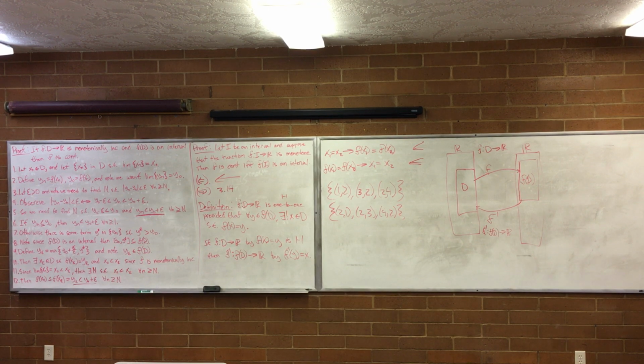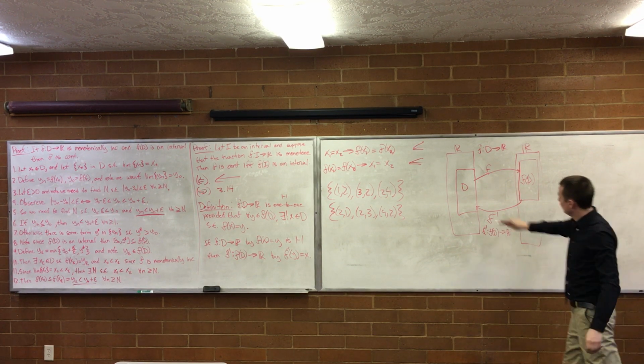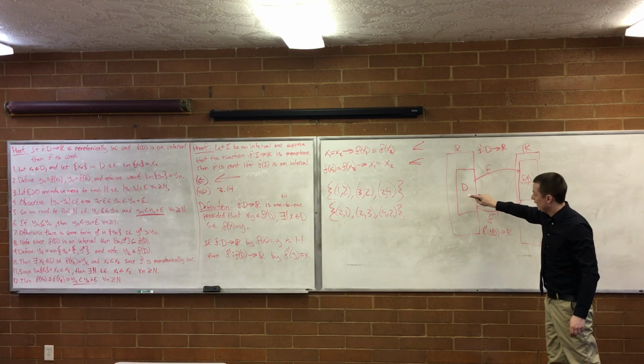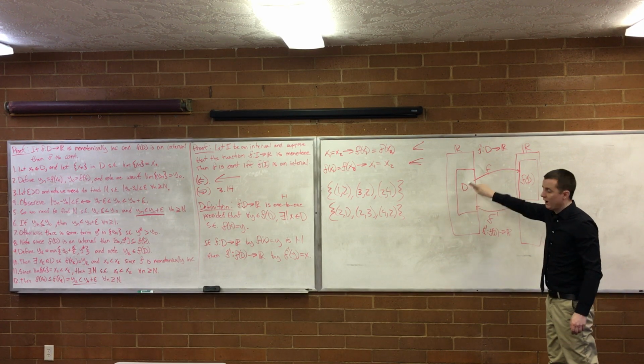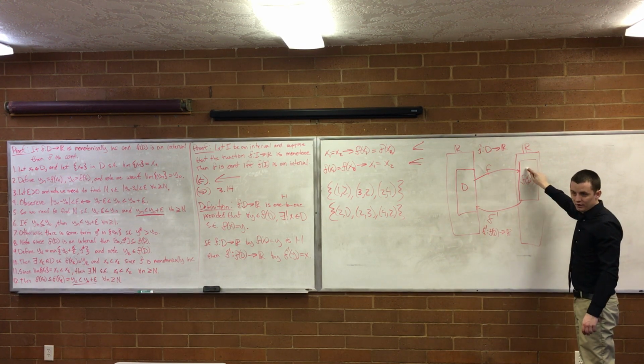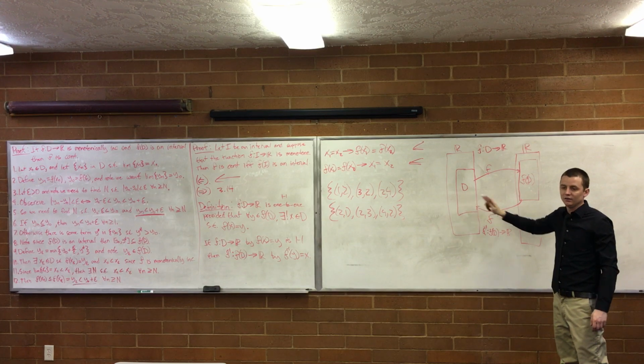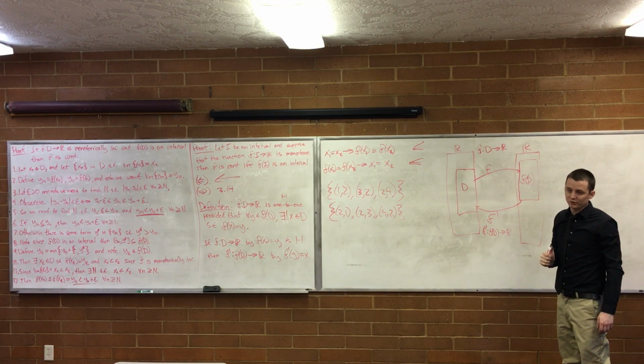Take the image and plug it into the function, it gives you different y's. You're saying I take an x out of here, I map it to a y in here, and then I map it back to an x, and I'll start out somewhere different than where I started?